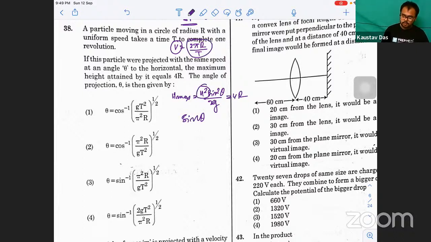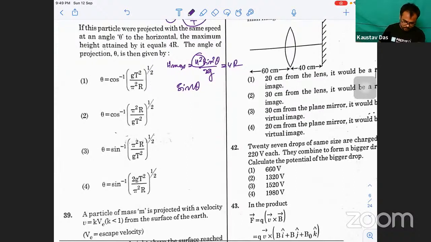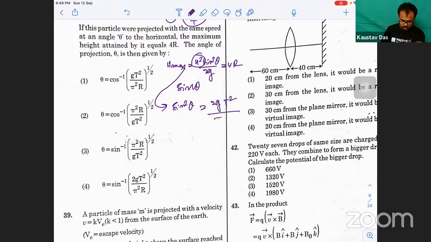As per our calculations, we have already found the value of sine square theta from this expression. Putting the value of v over there, we have the value 2gt square divided by pi square r. So naturally, theta from there is sine inverse of 2gt square divided by pi square r, whole to the power half. This is our answer as per our conjecture.